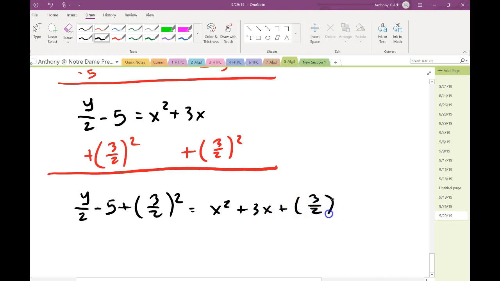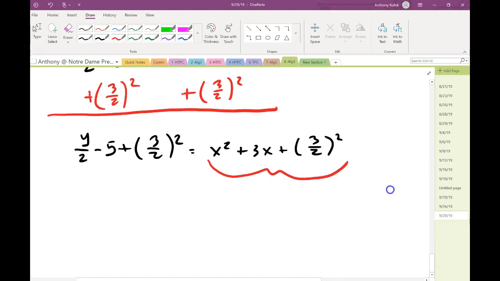And you'll notice that even though I can simplify 3 over 2 squared, I'm choosing not to do that yet, because in the next step, where I factor this, it's easier to factor if I don't simplify that 3 over 2 squared.